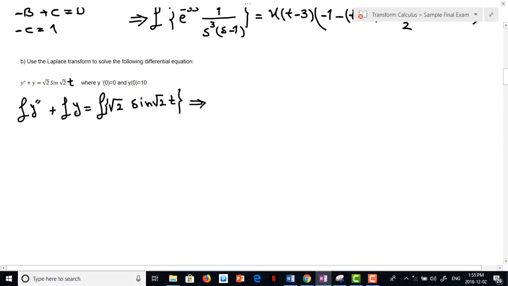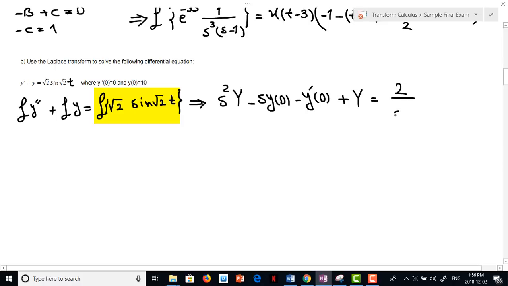As a result, the Laplace transform of y double prime is equal to s squared Y minus s y(0) minus y prime(0), plus the Laplace transform of y, which is Y. And it's equal to the Laplace transform of root 2 times sine root 2 t, which is 2 over s squared plus 2. You have this Laplace transform in the formula sheet as well.